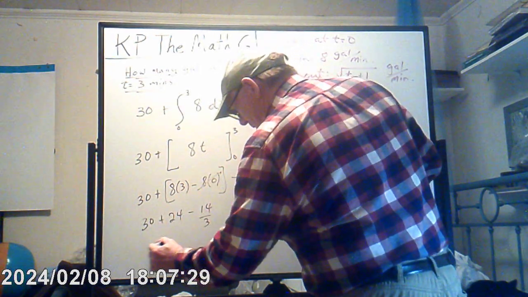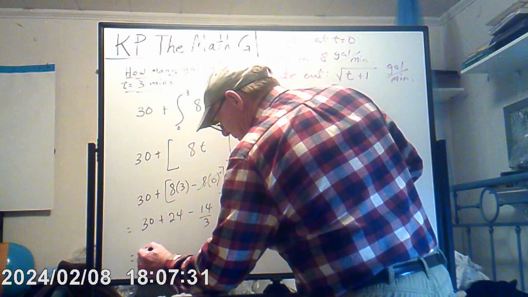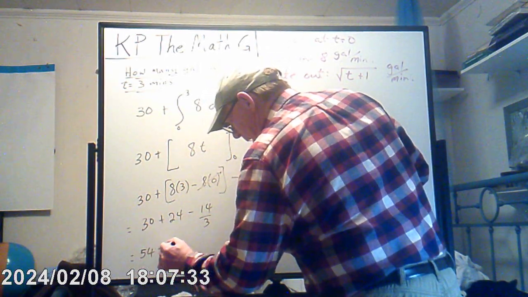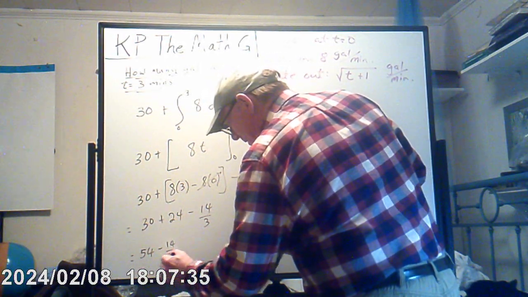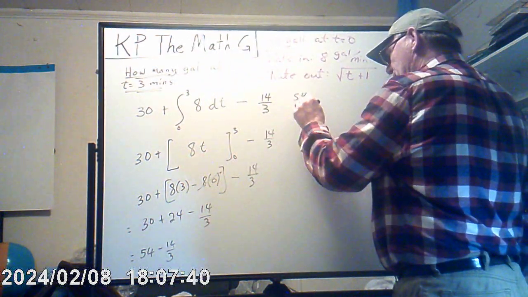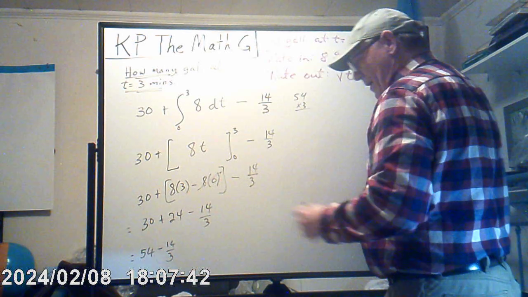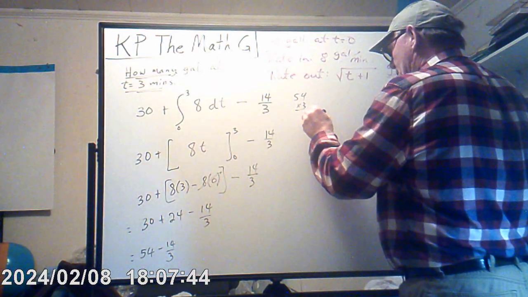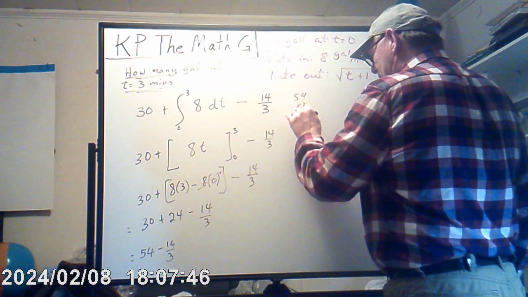This is 54, so equal to 54 minus 14 thirds. And again, I just want to multiply 54 times 3. I want a common denominator. 4 3s are 12, 5 3s are 15, 162.